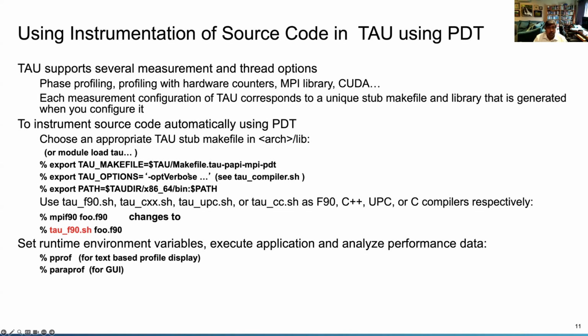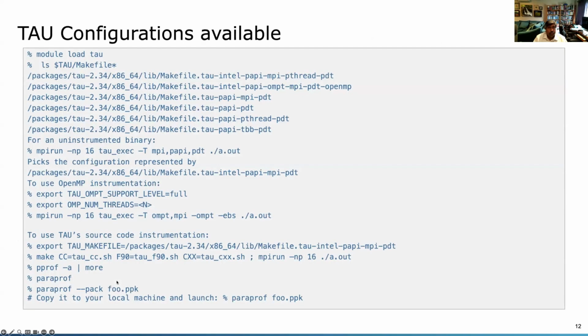Each configuration of TAU creates a unique stub makefile, and the same tags are used by our TAU scripts. So you can simply replace an MPI compiler with a corresponding TAU compiler, compile your code, run it, and then see the data in pprof or ParaProf.